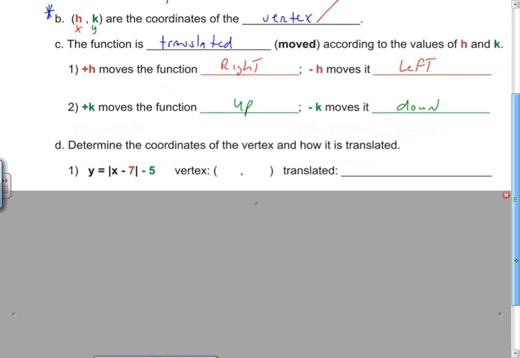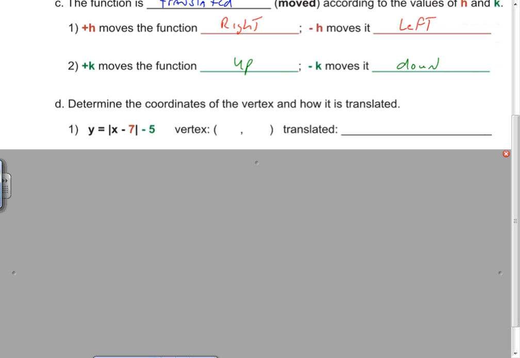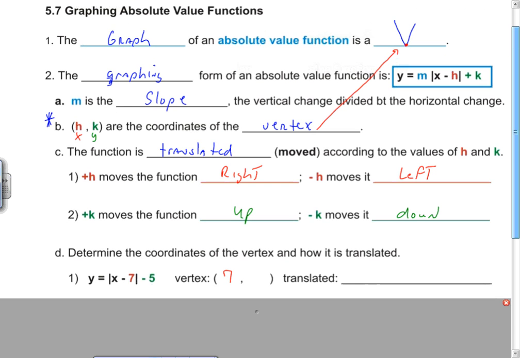And therefore, the value of h is 7. Notice the color. And notice back in the original, when you have an x minus, you get to read the value of h.